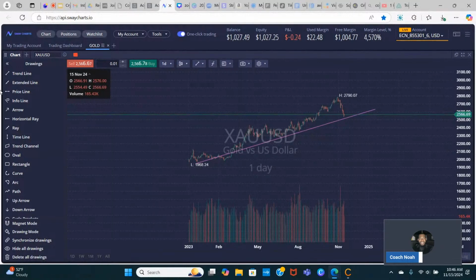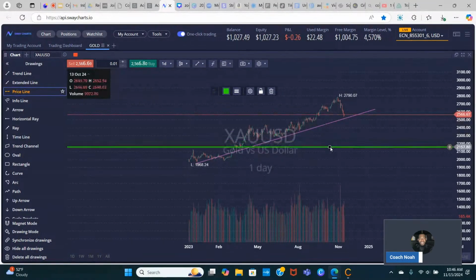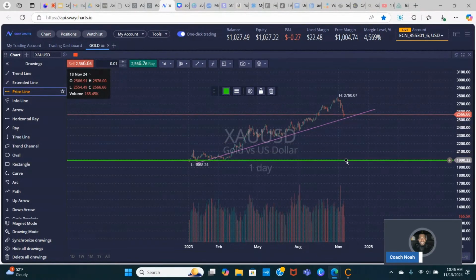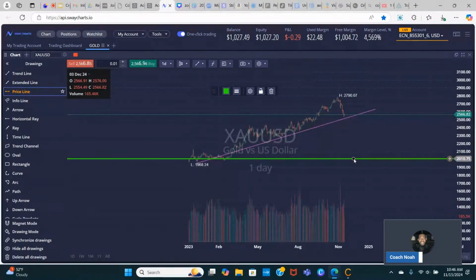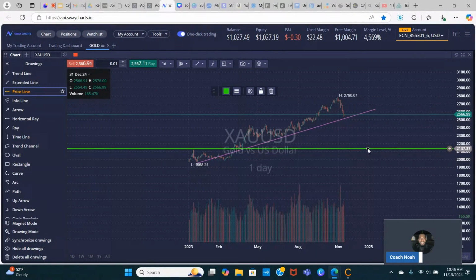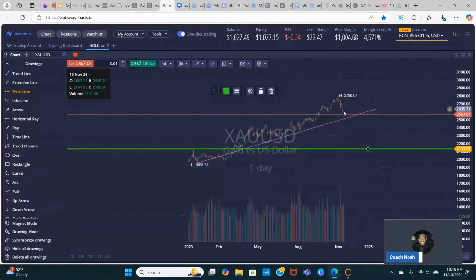Okay, let me grab my price line and come below about around this area. Okay, once it passes this area, now we're getting into a downtrend. Okay, but for right now, we're still in this uptrend.